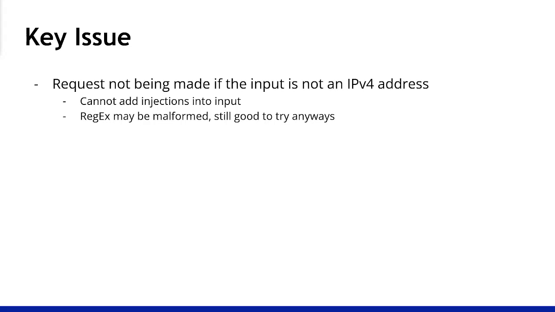So if you have a proper IP in there and then just add the semicolon, whoami, once again, the JavaScript would allow that request to be made because the IPv4 address is still found in there.